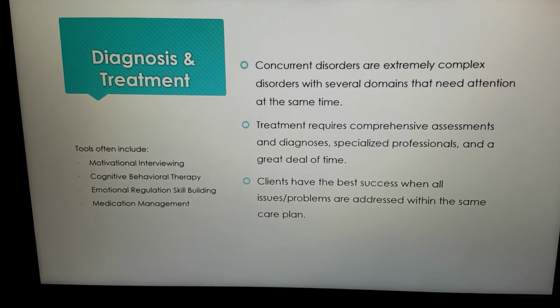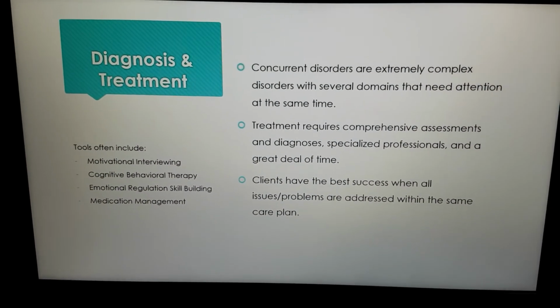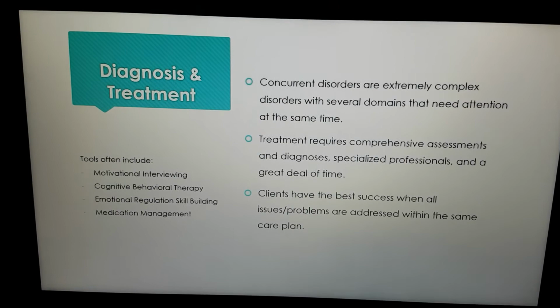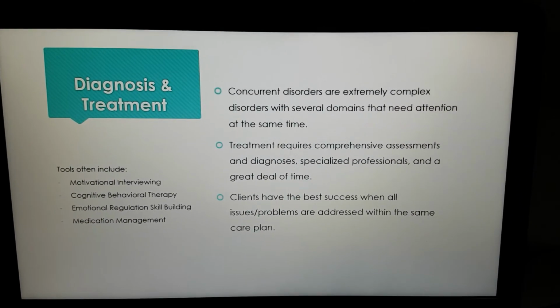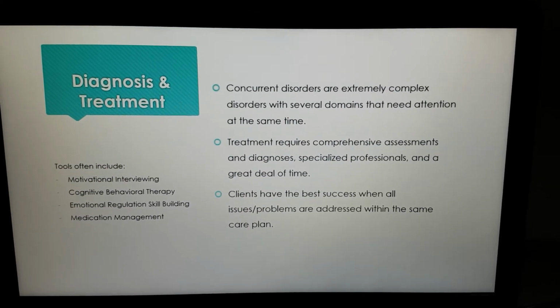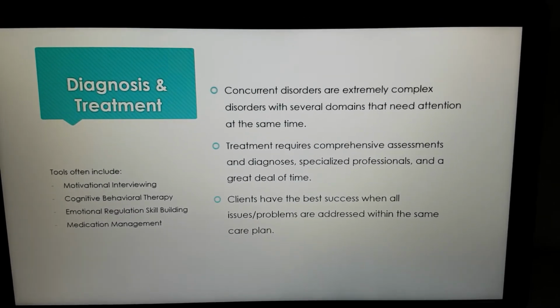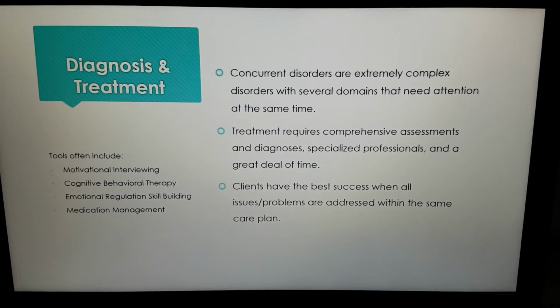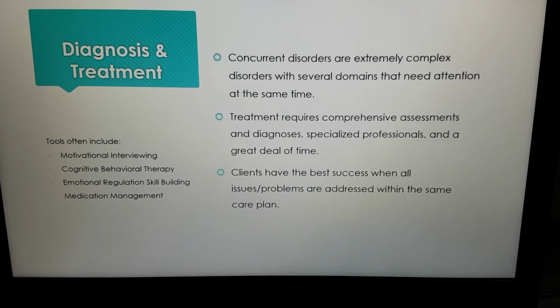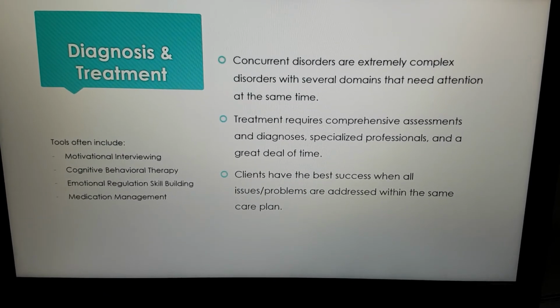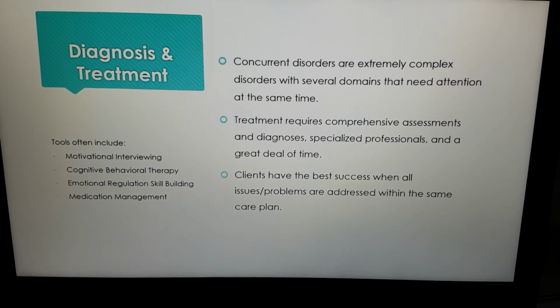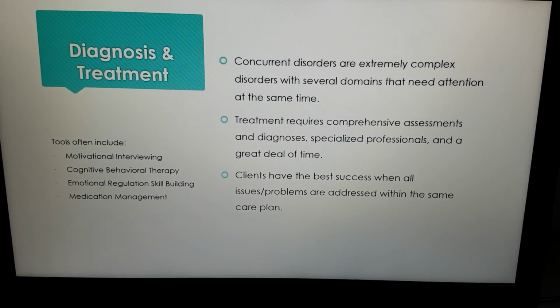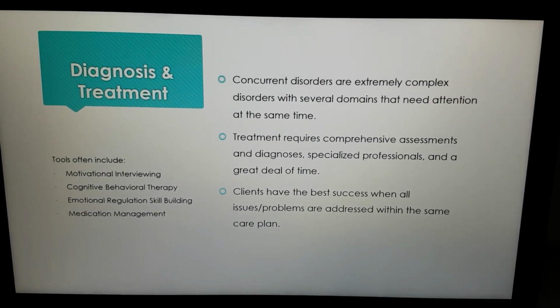So, diagnosis and treatment. That was basically the GAIN-I, and unfortunately one of our members was sick, so I'm just going to continue on into this part. As far as diagnosis and treatment for concurrent disorders, oftentimes the tools include motivational interviewing, cognitive behavioral therapy, emotional regulation, skill building, and medication management.